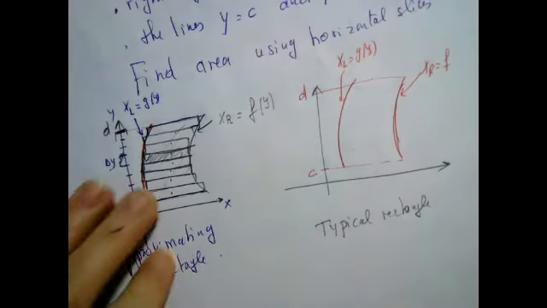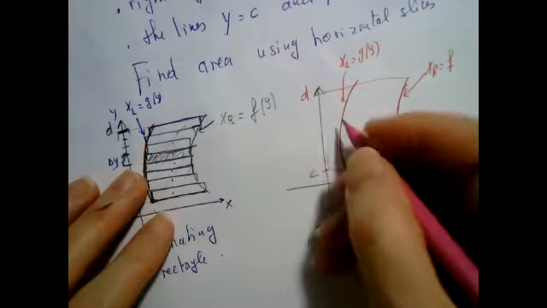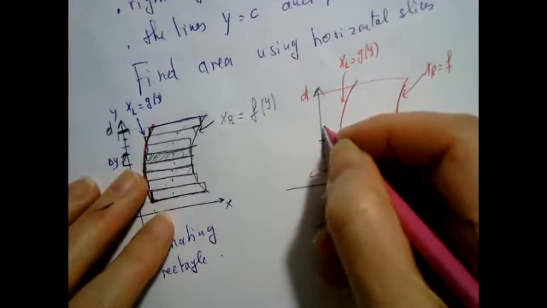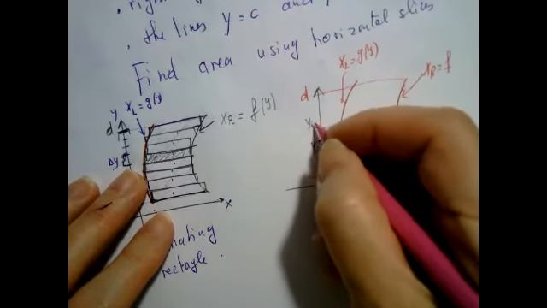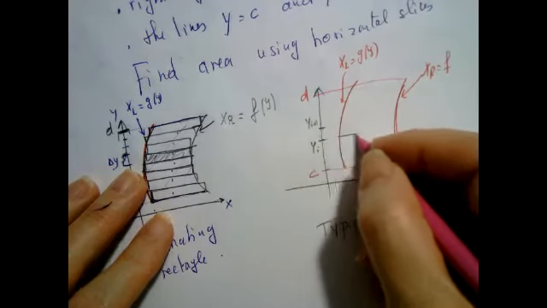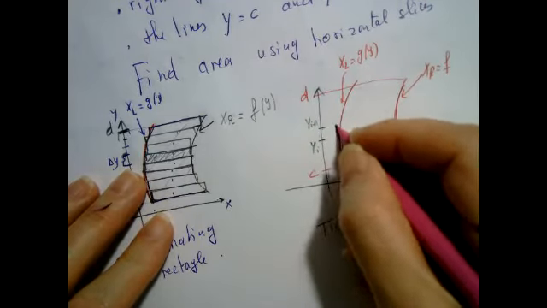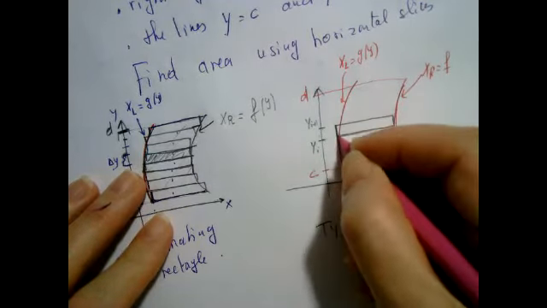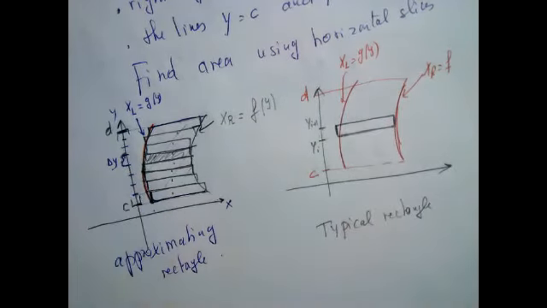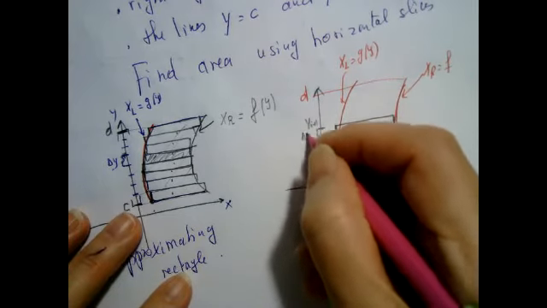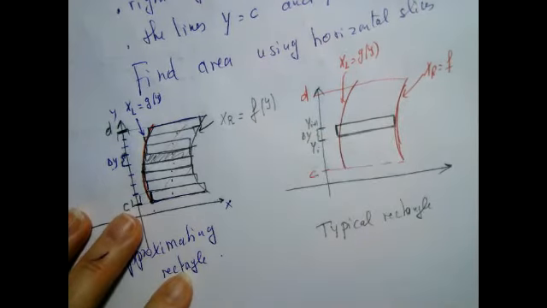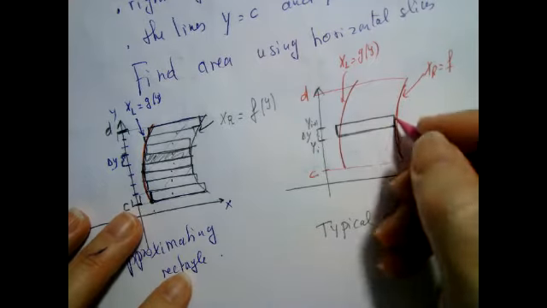Okay. And now I'm going to take one of those that I call my typical and find its area. So I'm going to call this yi, yi plus 1, and I'm going to find the area of this piece. Okay, that's what's typical. I focus on that. All right, first let us see. From here to here, this is my delta y. So that's the width of my rectangle.